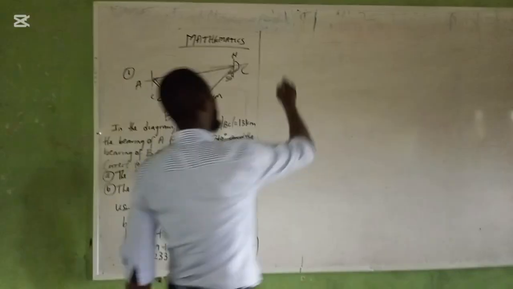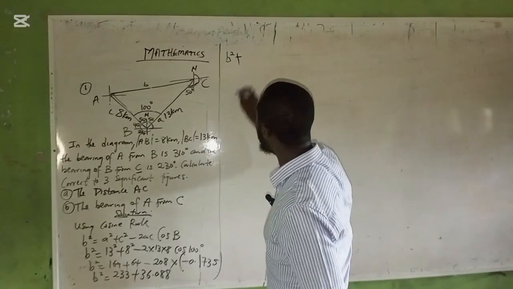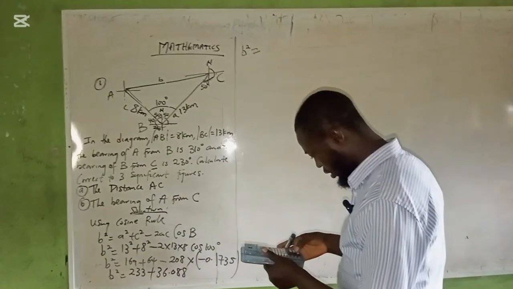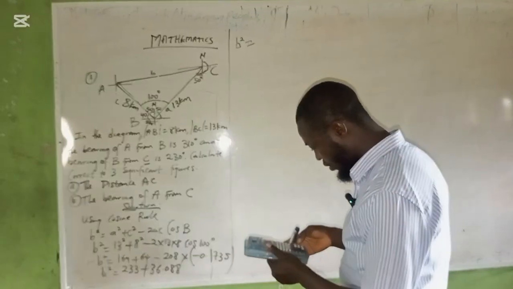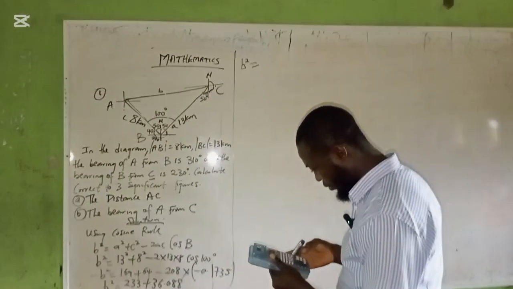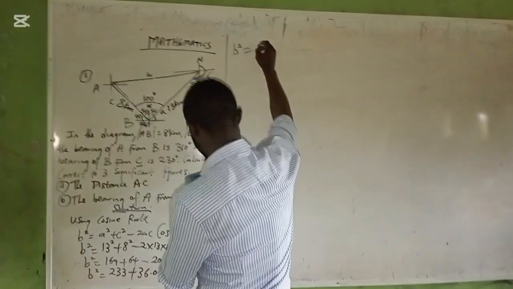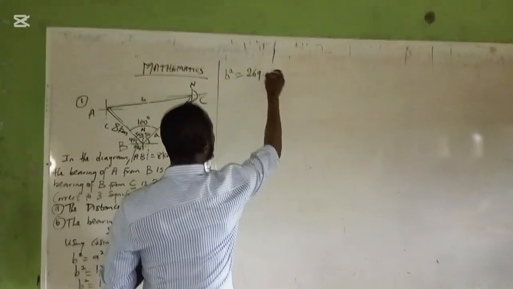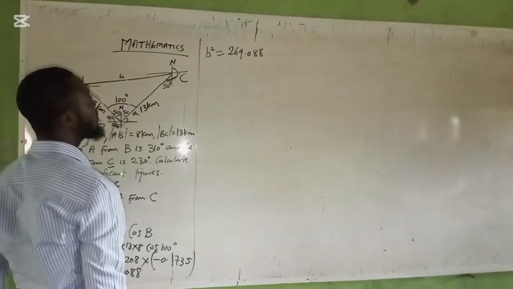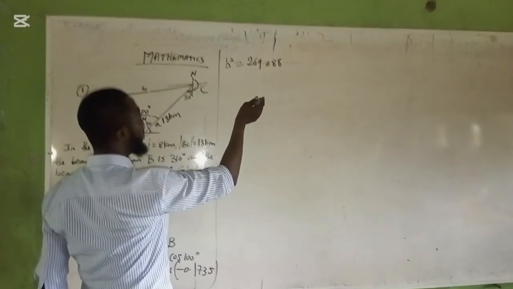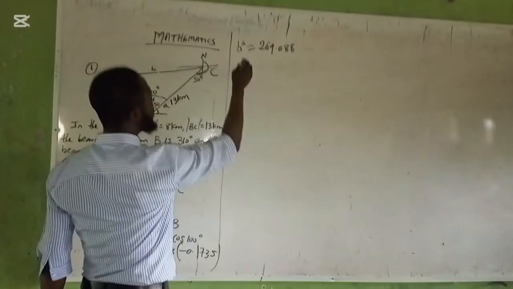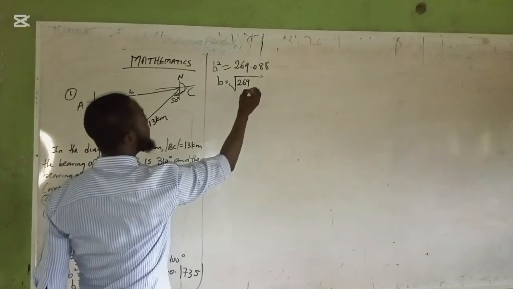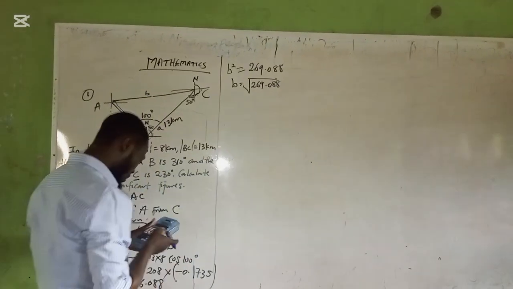Then if you take the summation together, you have b squared is equal to 233 plus 36.088. That gives us b squared equal to 269.088. So now you square root both sides, then you are going to have b equal to the square root of 269.088.